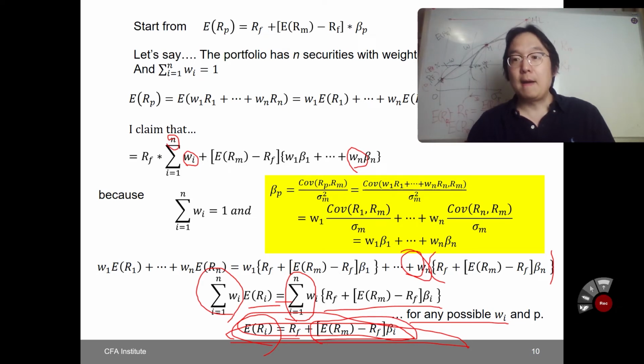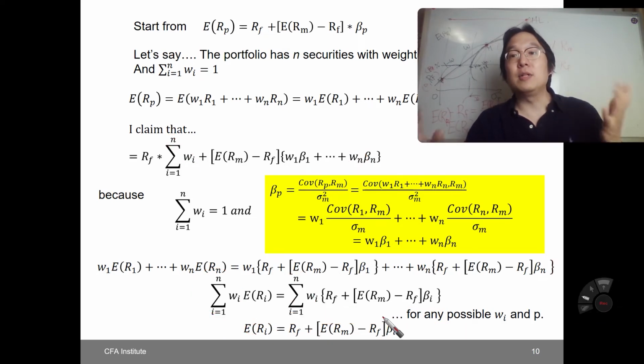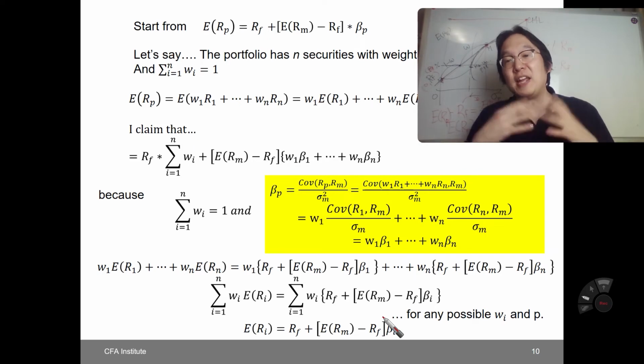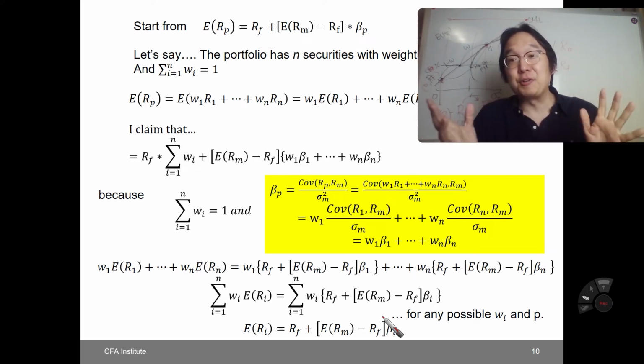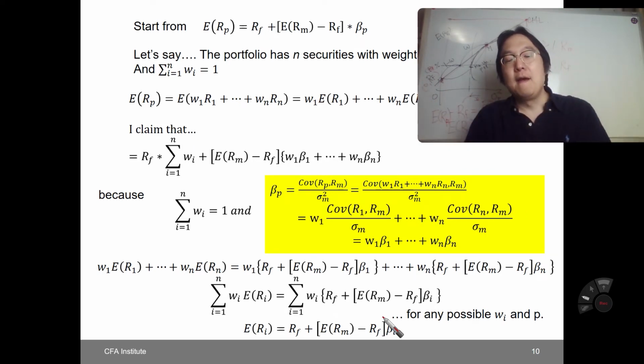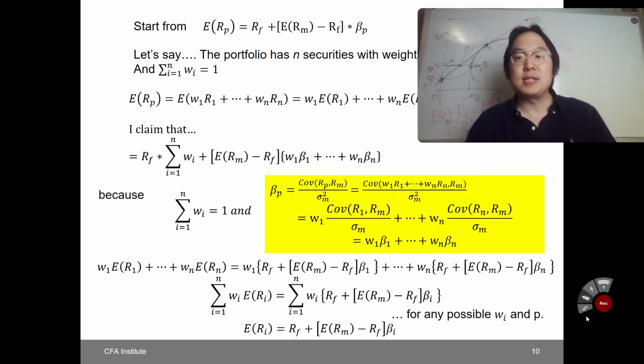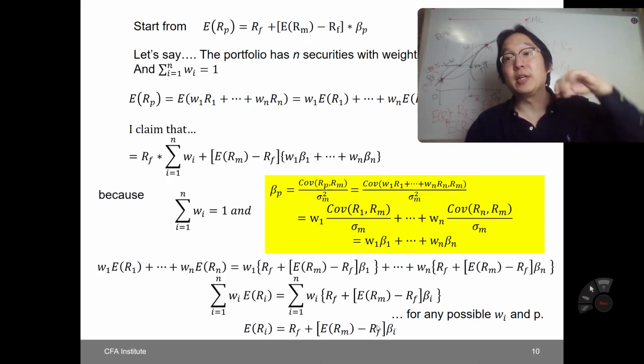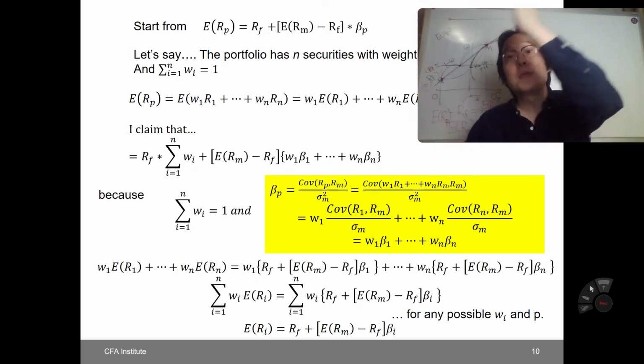Okay? So it's kind of a loose derivation of the security market line. I'll admit that, right? But this is basically what we can come up with to explain the connection between the capital market line and the security market line.